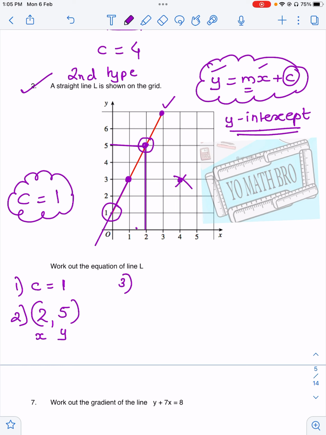The third step is I write the general formula: y is equal to mx plus c. I don't take here the gradient formula because I have another easy method to find the gradient when the line is already drawn. What I do, I substitute y as 5, x is 2, m I don't know, and c I got as 1.